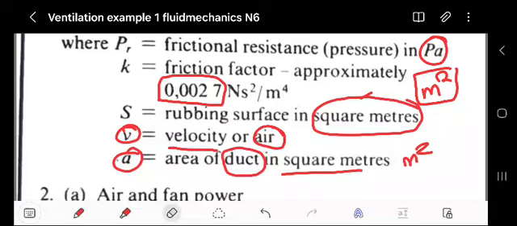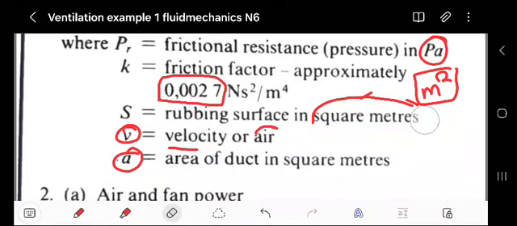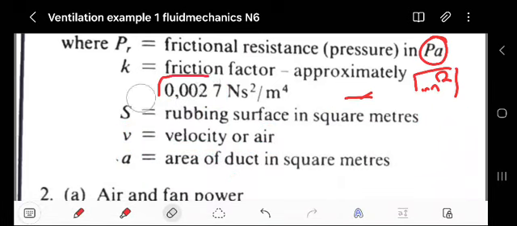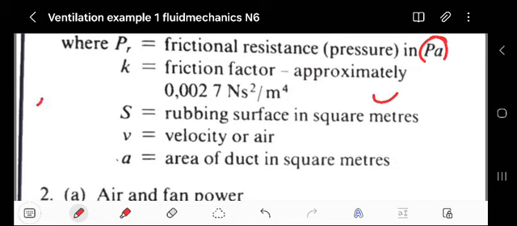You must be very careful why we have rubbing surface in square meter. Why do they say square meter? It is because the rubbing surface is equal to perimeter multiplied by the length.